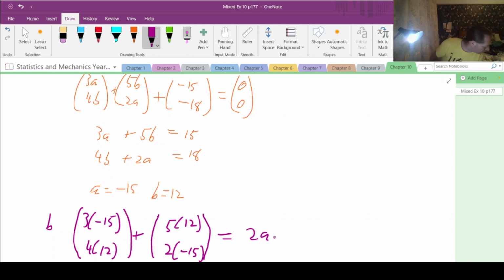We just need to find the acceleration, its magnitude and direction.